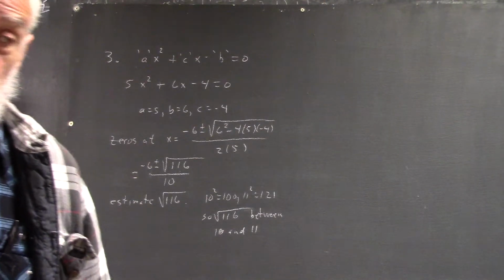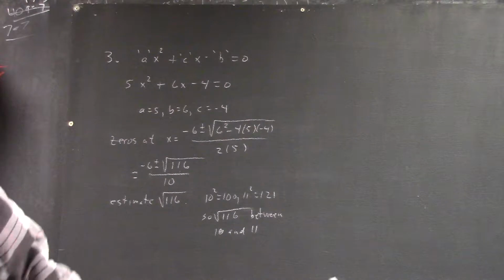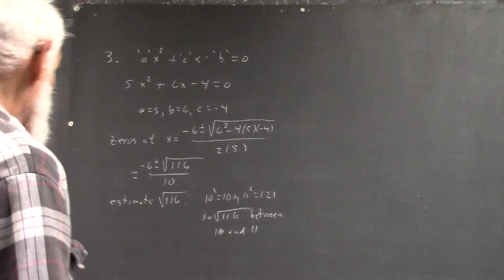That's really pretty easy if you think to write down the squares that are in the vicinity of 116.